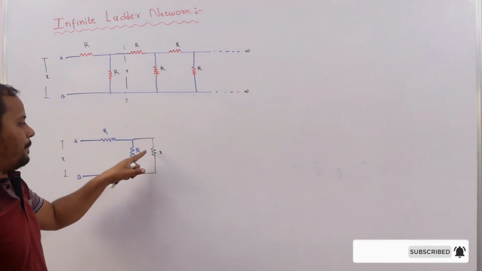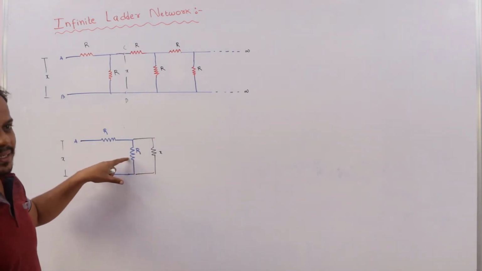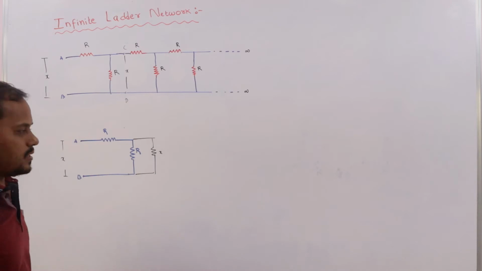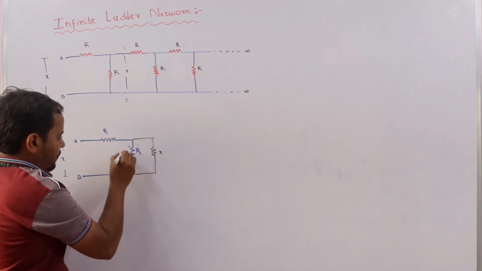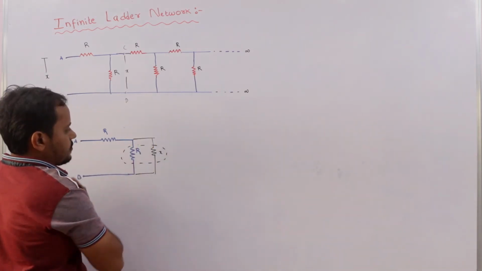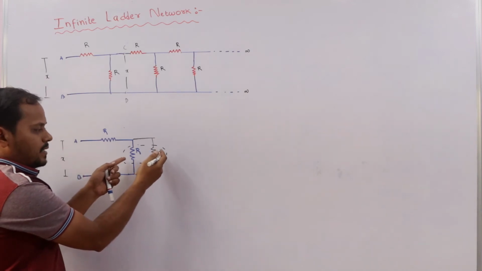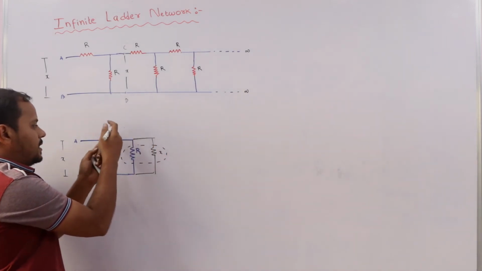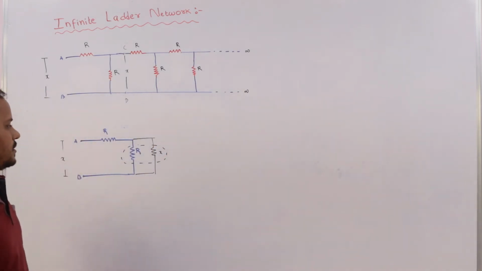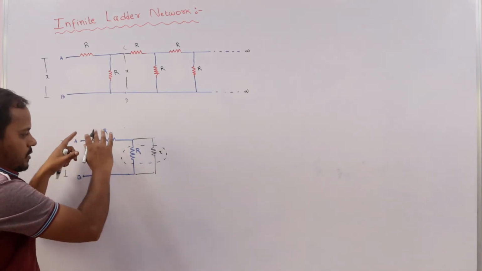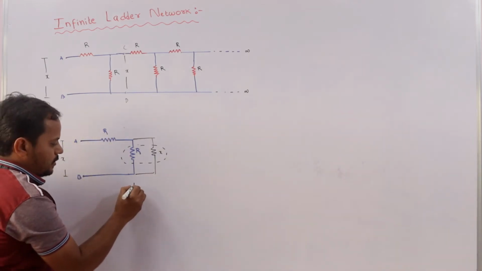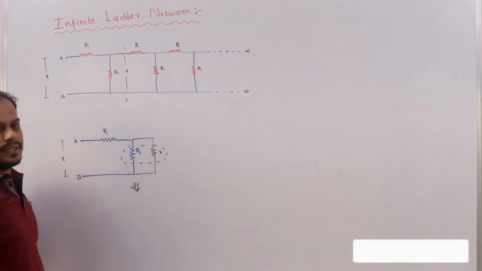That X is in parallel with our R resistance. So these two are in parallel combination. This complete combination of R and X is connected in series with R. After solving this, you will get the equivalent resistance of the complete network.